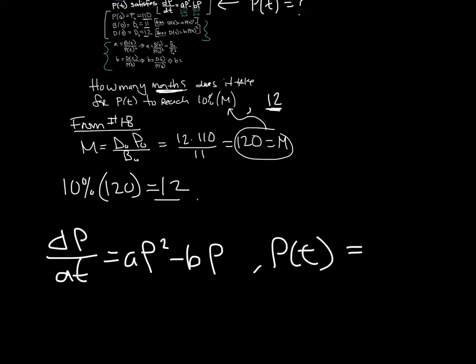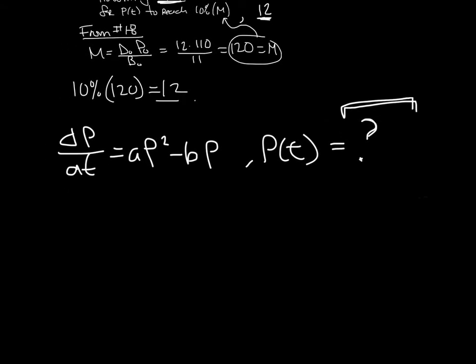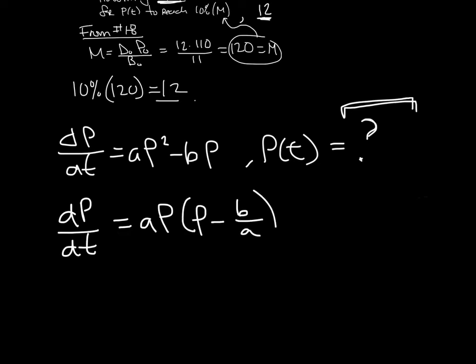We want to find the solution of the differential equation, specifically the model first, because the answer will be a numerical value once we know t, but we need our solution. So let's use what we know. dP/dt is equal to, we can factor out AP, and then we're left with P minus B over A.